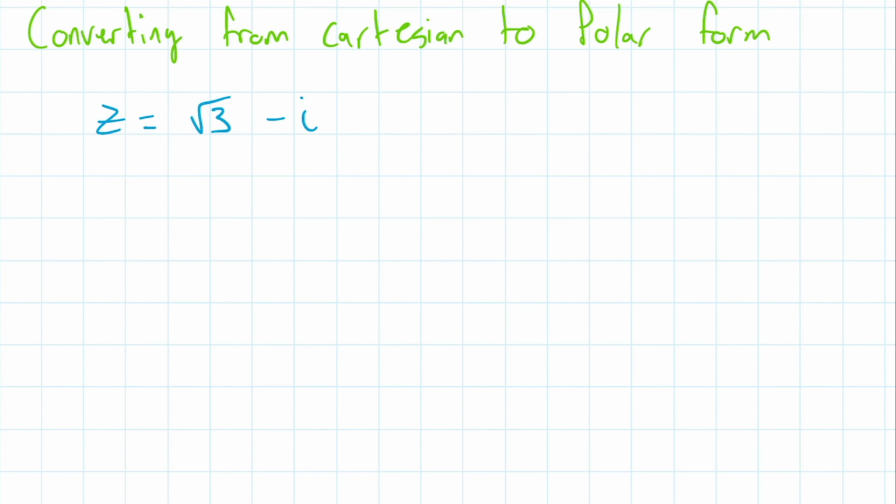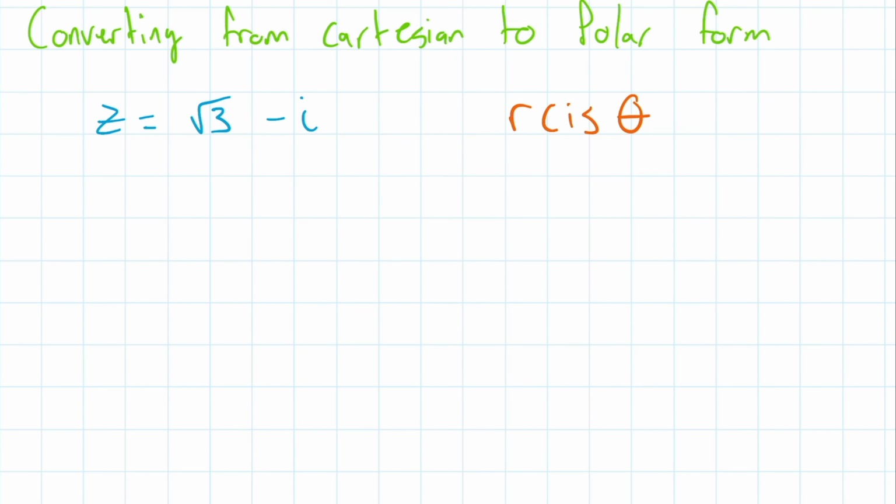So Cartesian form is the standard way we've been writing complex numbers in previous lessons, where I have my real component and my imaginary component. To convert from Cartesian form to polar form, remember our polar form looks like r cis theta, where r is the modulus of z and theta is the angle z makes with the real axis of my Argand diagram.